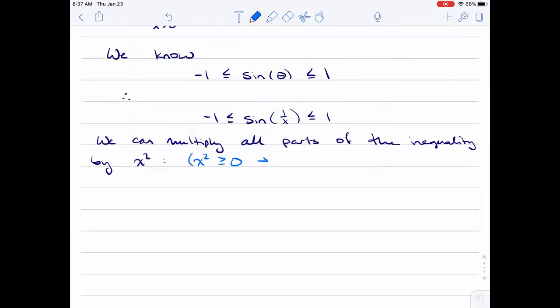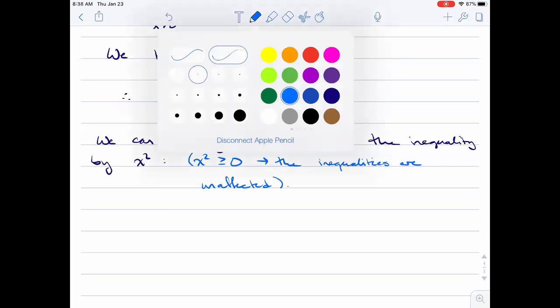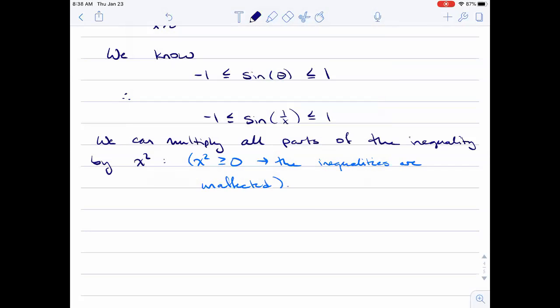And so the inequalities are unaffected, because if I'm multiplying or dividing by a negative, that's when I have to switch the sign, and that's bad news for me. So we want to make sure that whatever I'm multiplying by can't switch the signs around without me knowing.